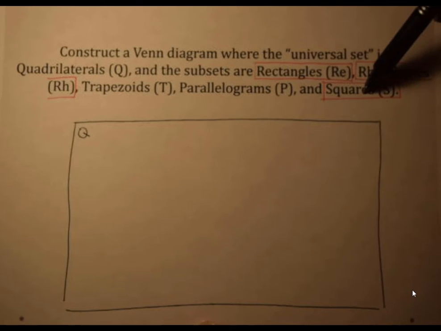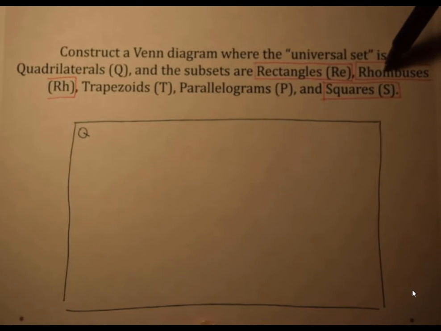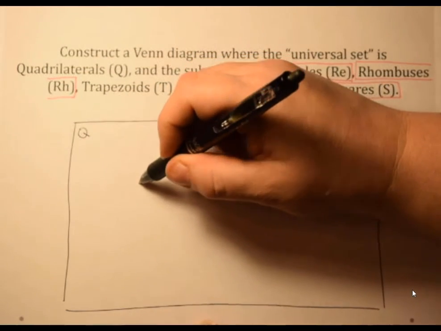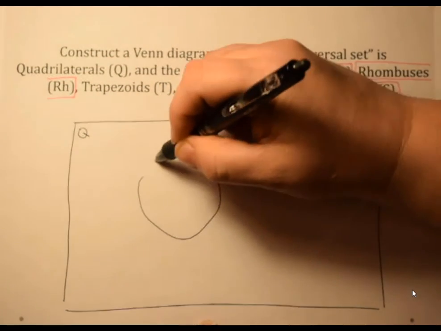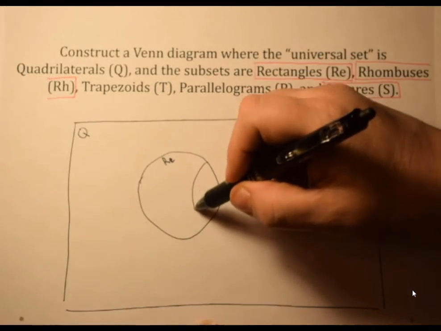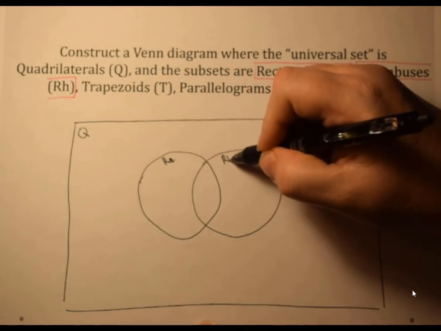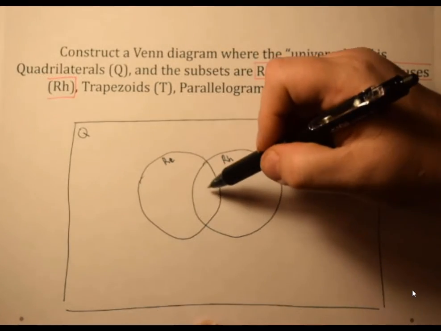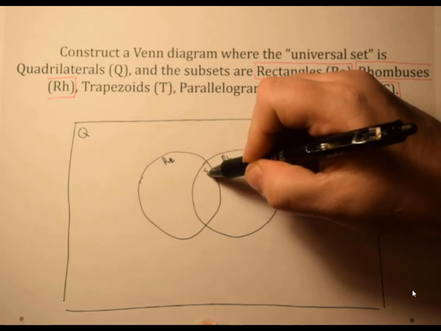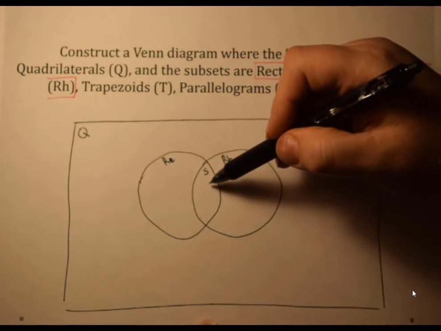So all the squares are going to fit in both the rectangle and the rhombus oval. So if we have a rectangle oval and an oval for all the rhombuses, then we know the squares are going to be in the middle. So that's the overlap, is the squares.